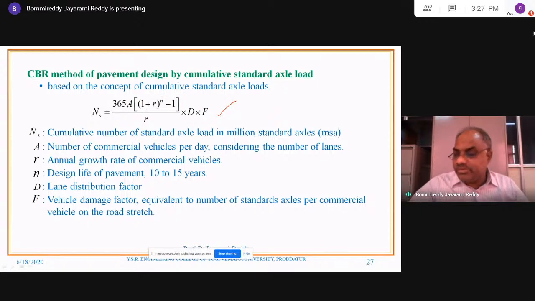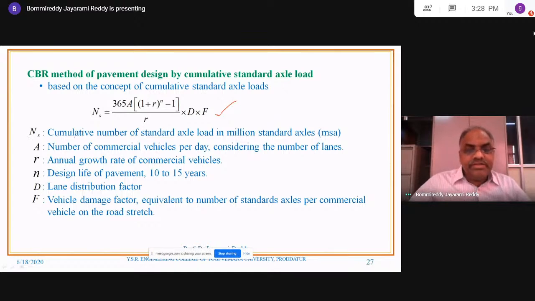NS = 365 A [(1 + r)^n - 1] / r × D × F. You have to remember this equation. There is no other go, and most of the questions for GATE or any competitive examination are based on this particular formula.